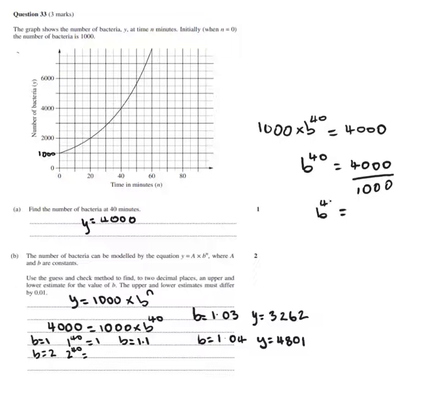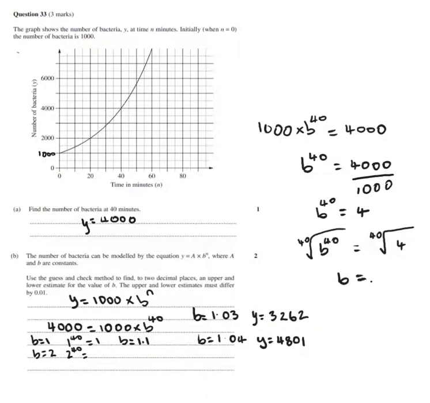That would simplify to be 4. Now to change b to the power of 40 to b, we've got to take the 40th root. Okay, so it'll look like this. b to the power of 40. The 40th root looks like this, with a little 40 there. But you would have to do the same on both sides.